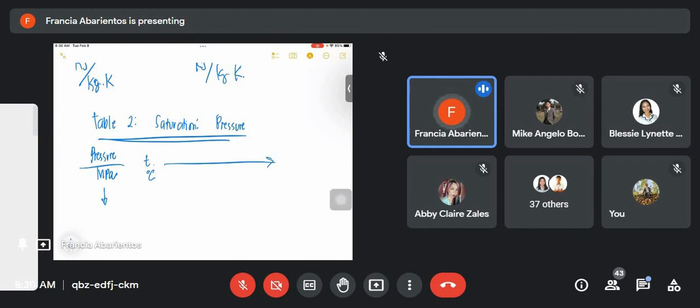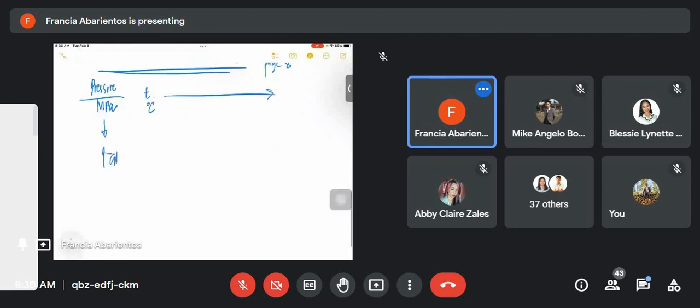And the table 3, ito, class. Bakit gagamitin natin yung table 3? This is on page 8. While the table 3, the vapor: pag nakuha natin na the solution is a superheated vapor, punta tayo sa table 3. Makikita niyo dito sa table 3, we have water vapor at low pressure, page 14.